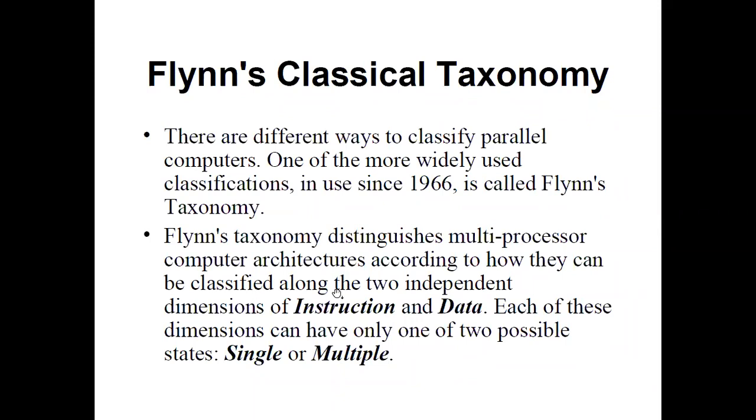One dimension is called instruction and the second dimension is called data. So there are two dimensions that we are going to learn, instruction and data, and each of these two dimensions can have the value single or multiple.